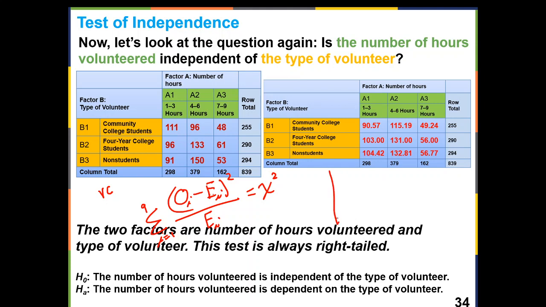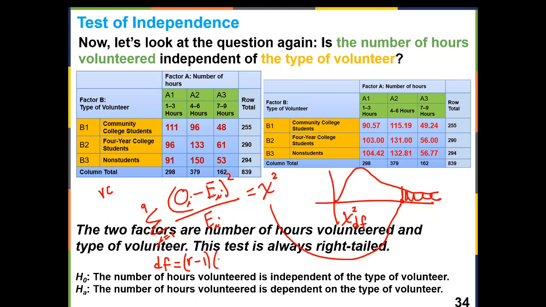Now, when we want to find the p-value, where do we put this? We're going to put it here. But the question is, what's the degrees of freedom for this? And the answer is the degrees of freedom would be number of rows minus 1 times number of columns minus 1.